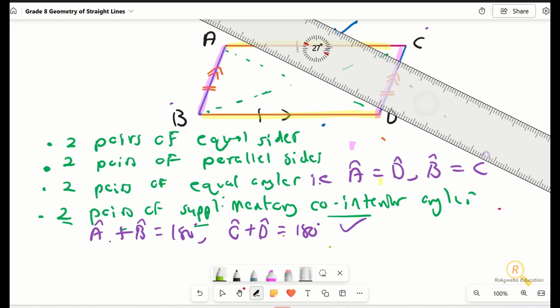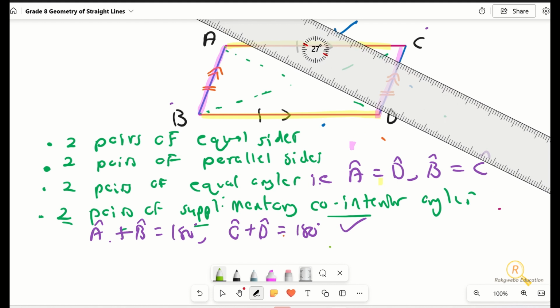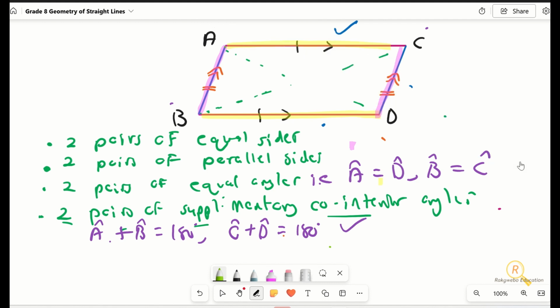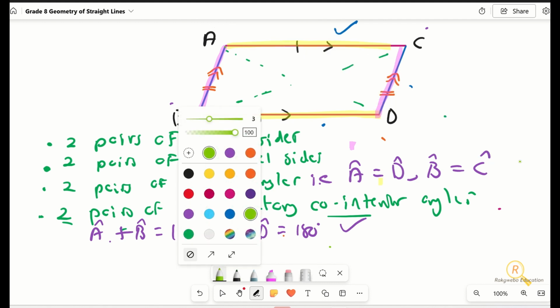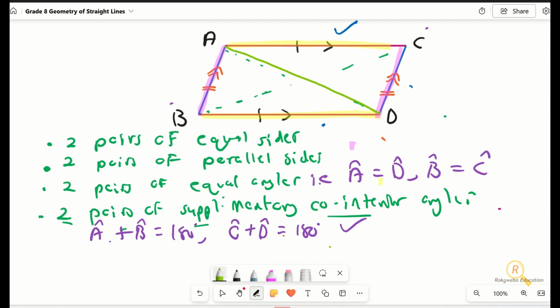Okay, this thing's giving problems. Let me just draw this. This is what we call a diagonal. It's just a line that goes from this corner to the other corner across the diagram. Here's another diagonal.